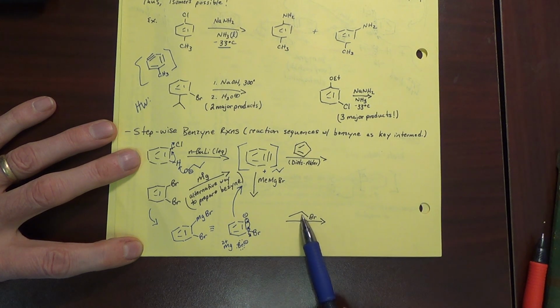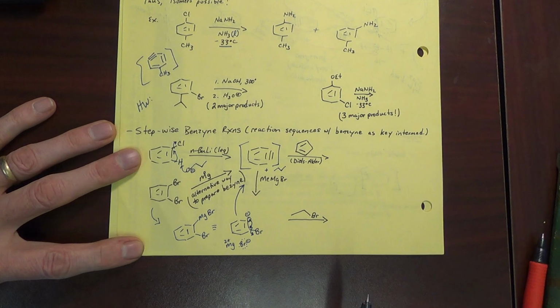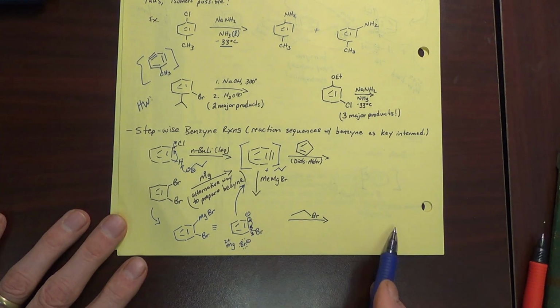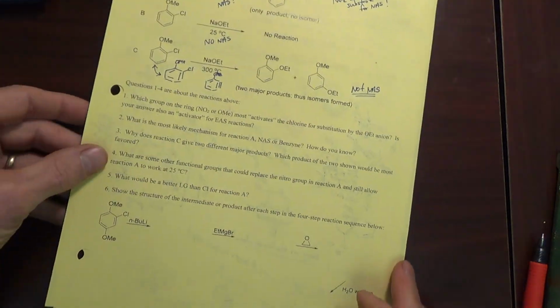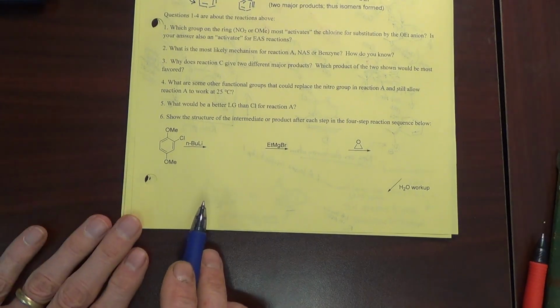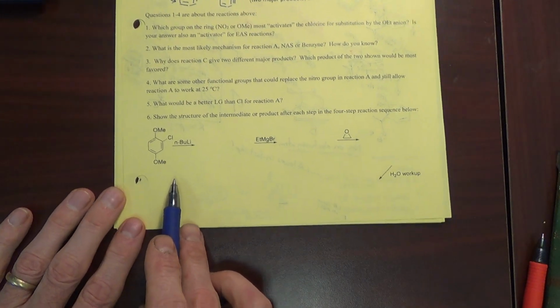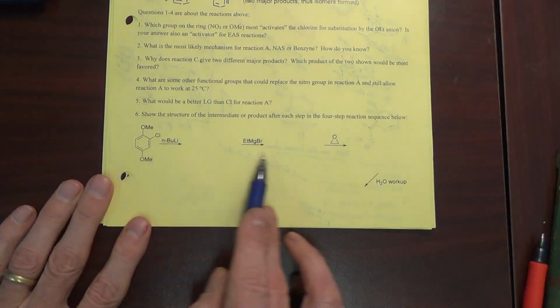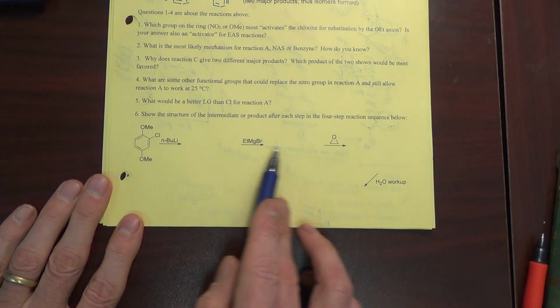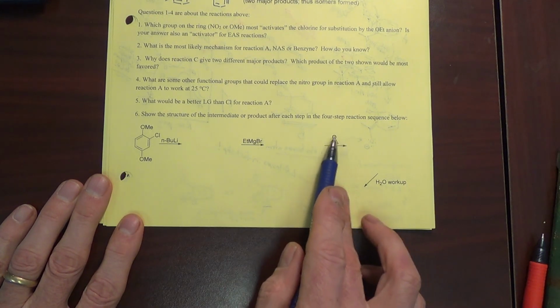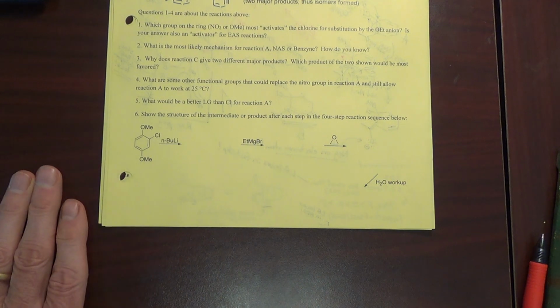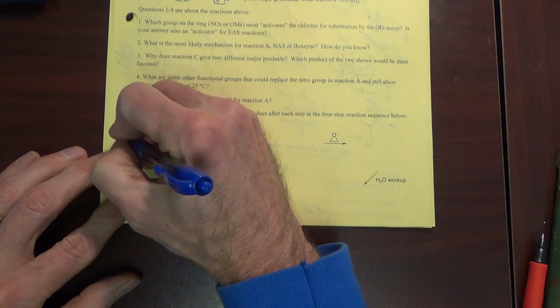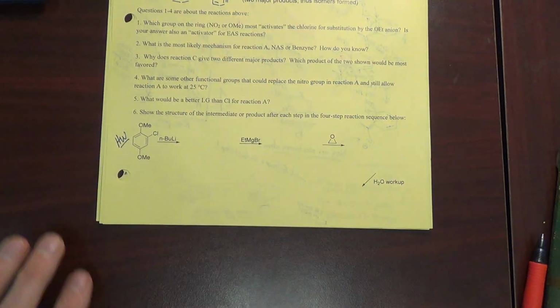But then if we throw in this, we'll get a fully neutral product that we can isolate. See if you can figure that out. I also show some stepwise benzyne chemistry over here on the warm-up page, and I have an epoxide here. Please also look at that for homework.